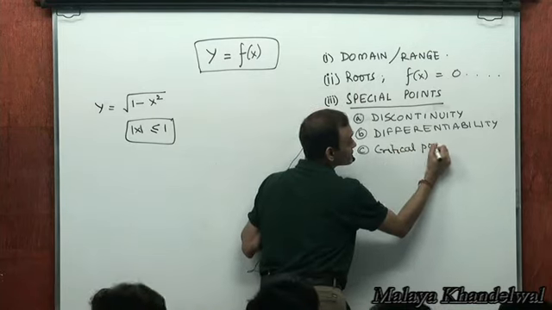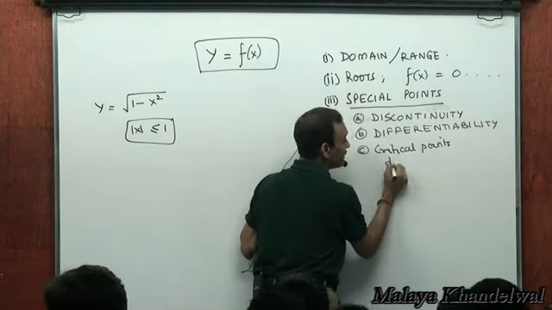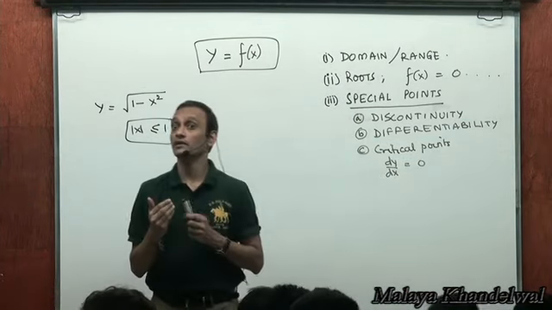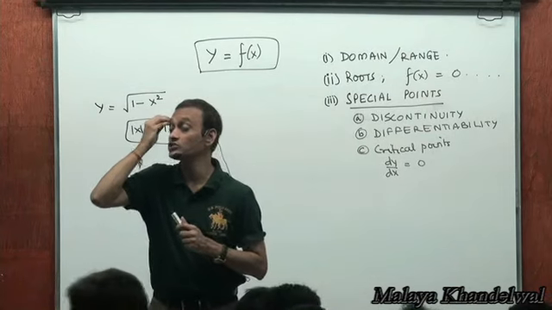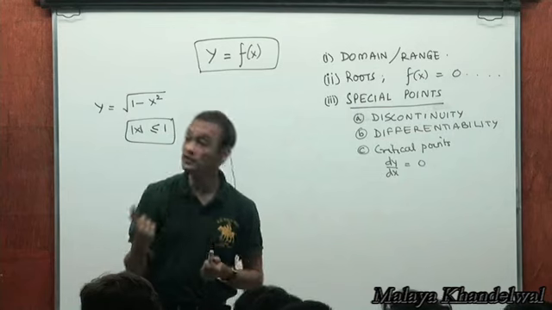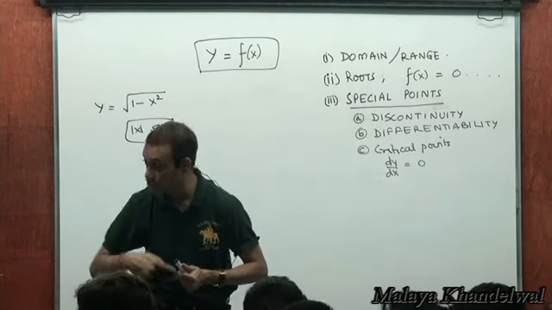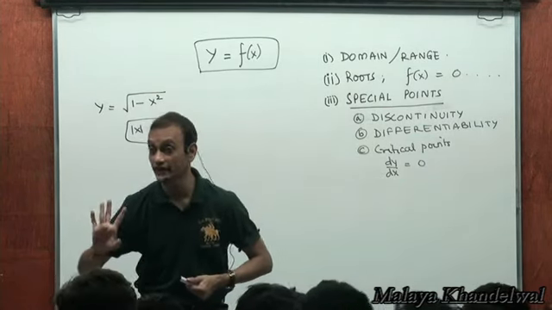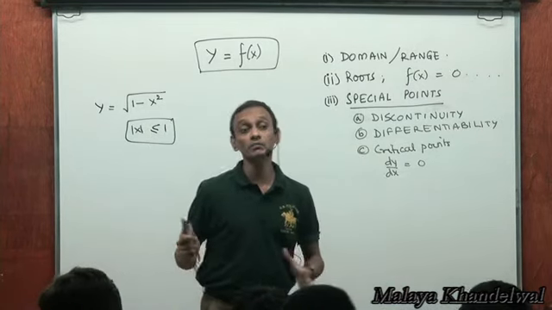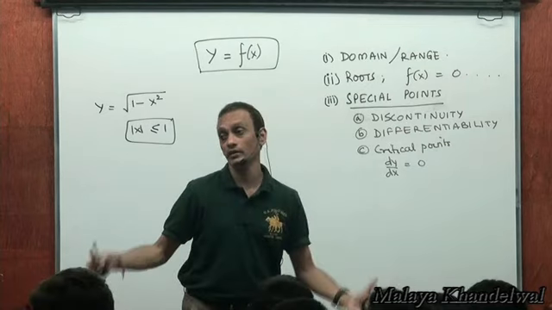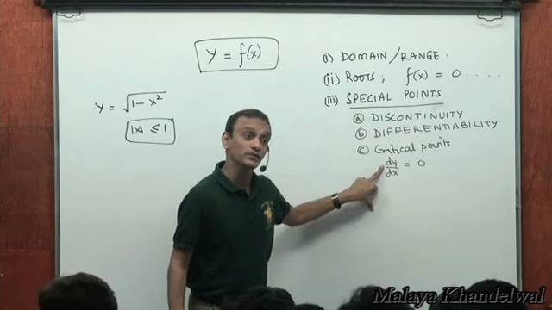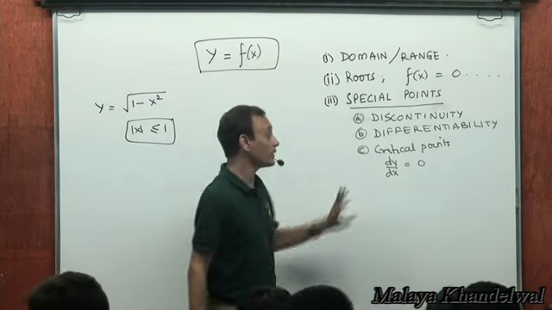What are critical points? Points where dy/dx becomes 0. Examine whether at a point where dy/dx is 0, it's a local maxima or a local minima, or even if dy/dx is 0, the function could be increasing or decreasing at that point, right? So in any case, points where dy/dx becomes 0 will become critical to our attempt to draw a curve, right? So these are the critical points, points where dy/dx becomes 0, right?